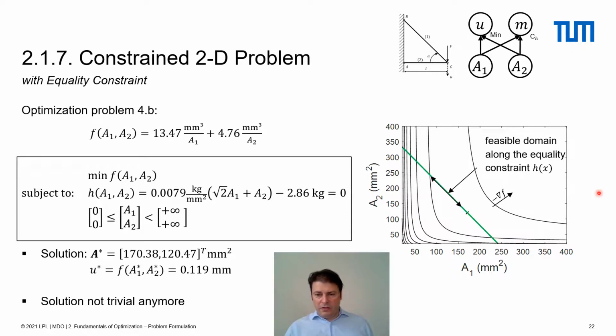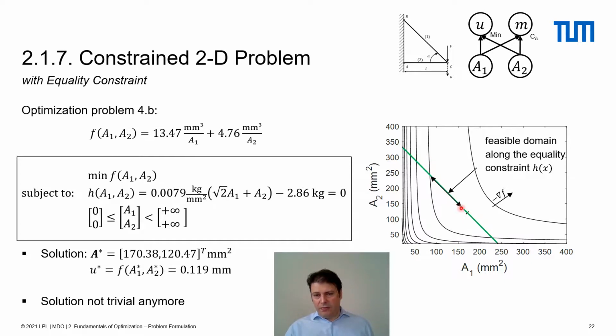So it's similar to the one-dimensional equality constraint optimization problem, where there was only one point that was feasible, and that automatically, of course, is the optimum. Now we have an infinite number of points that are confined to this line here.